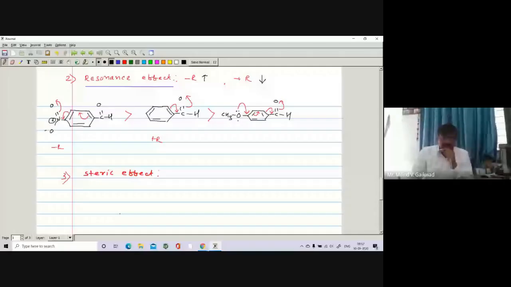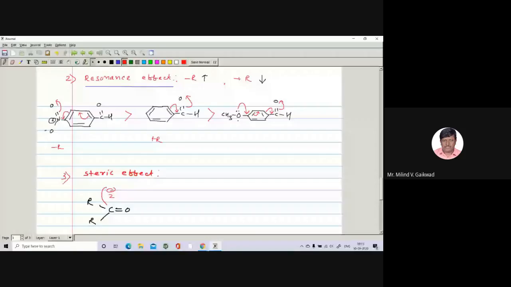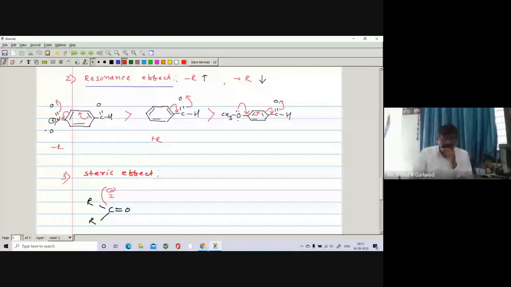In general, suppose you have a carbonyl carbon, C double bond O, and here is an R, and here is an R, right? In this carbonyl carbon, what happened? The Z negative attacks, because this carbonyl carbon is planar in nature.